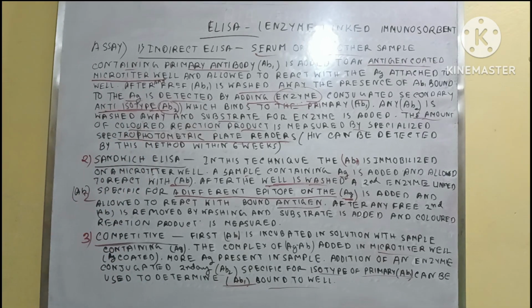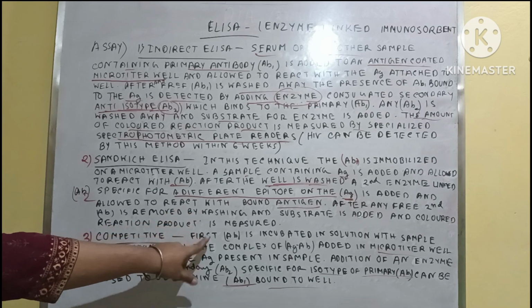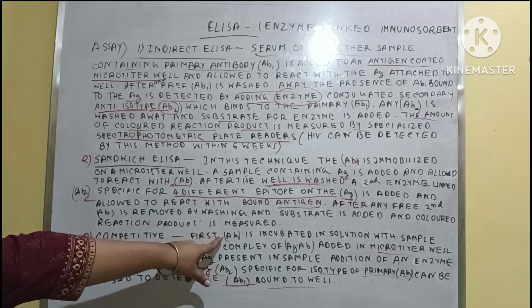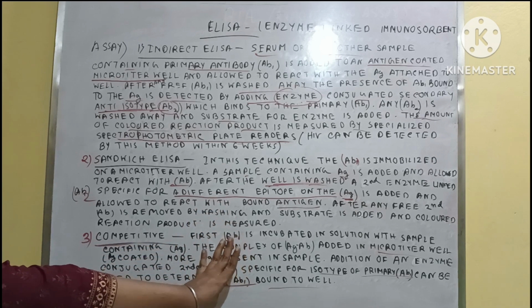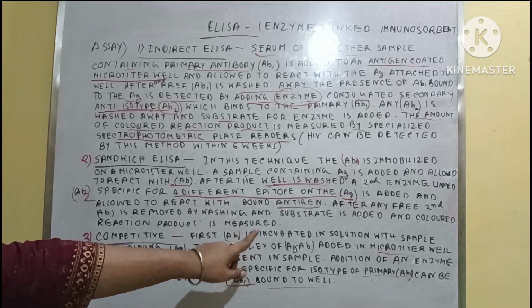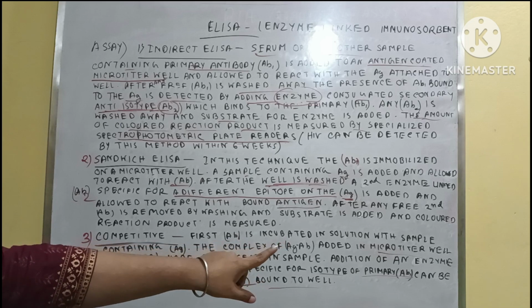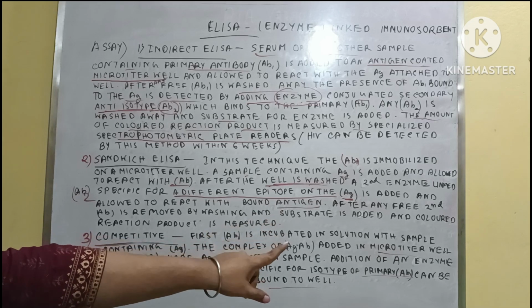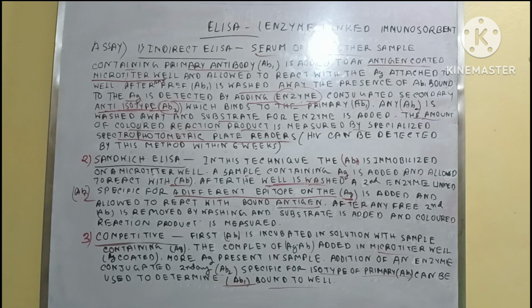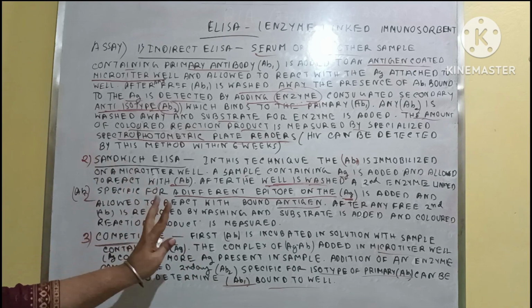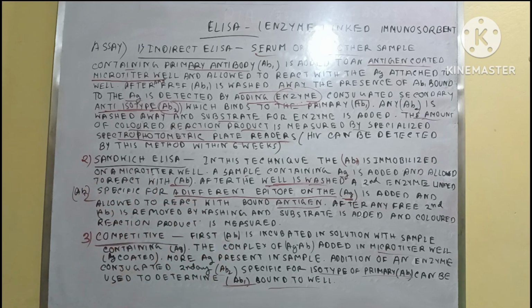Okay, what is it saying here? The AB is already incubated, which means the AB-AG complex has already formed. This complex is added to the microtiter well that already contains the sample antigens, and here the number of antigens is greater than the antibodies.